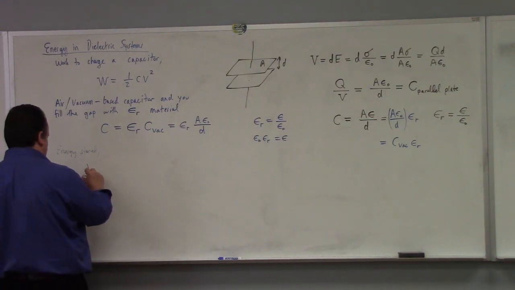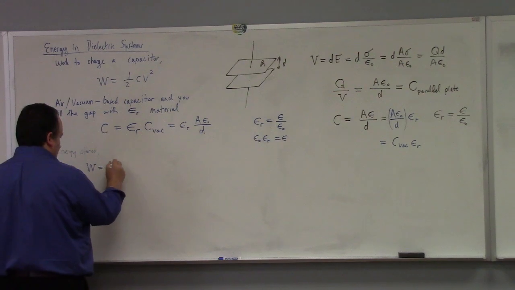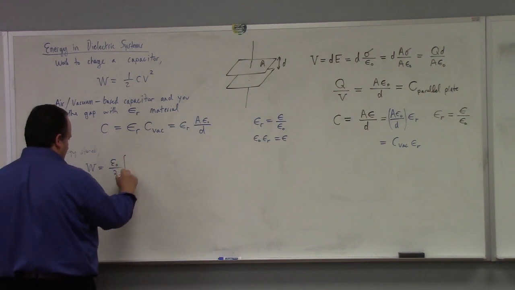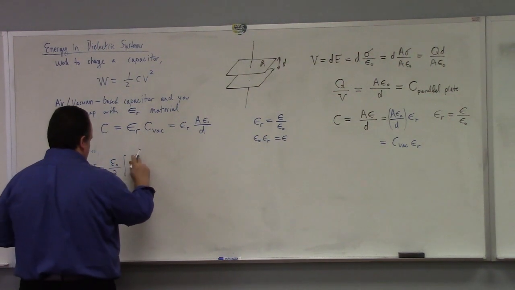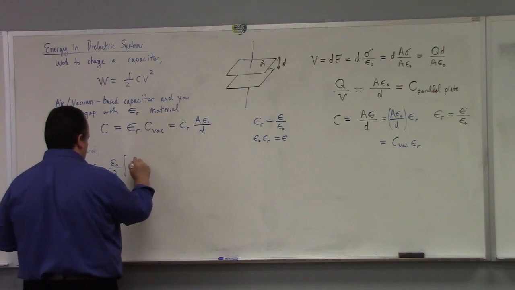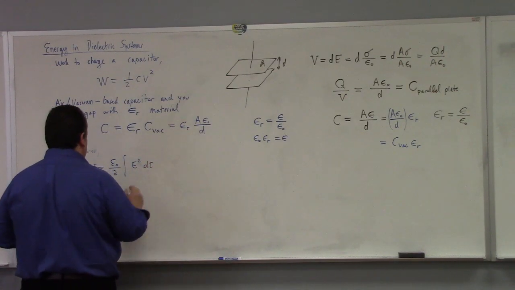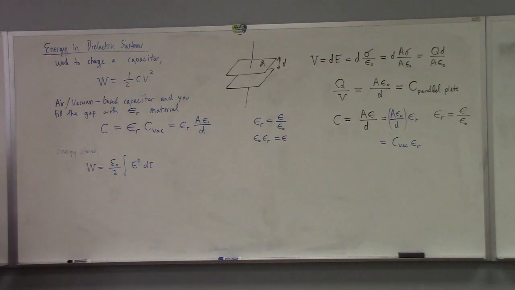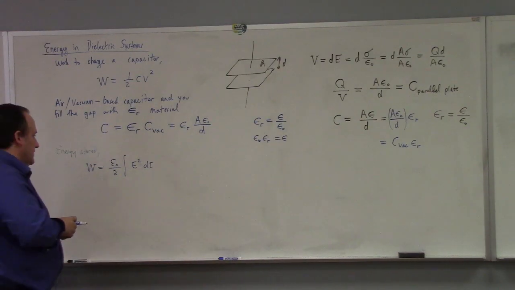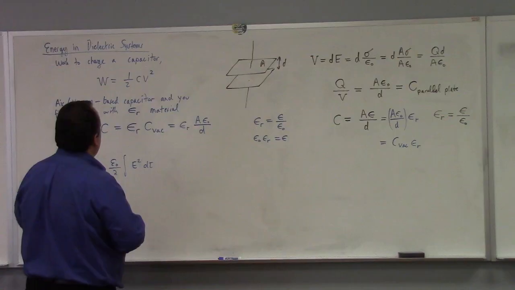You said it was epsilon naught over 2 integrate E squared d tau over space. Right. Correct. That's the total electrostatic energy for a system. And so he says, we suspect from the dielectric filled capacitor that in the presence of matter, maybe, like what happens?